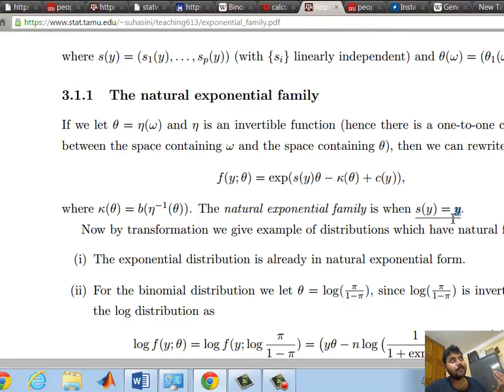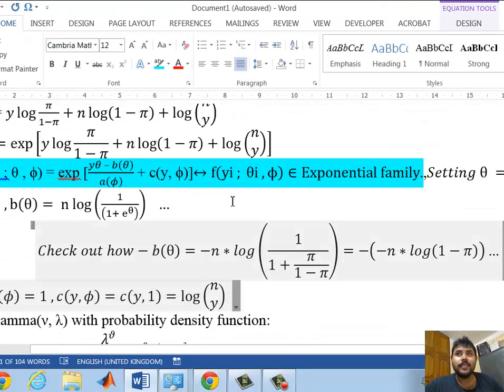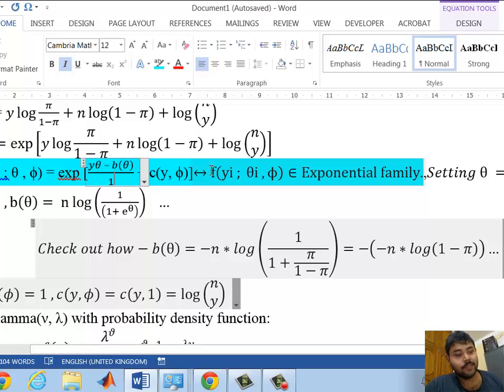So it's y into theta. That's the form we had here, which is y into theta, and if a of phi is 1, then we have a natural exponential family.